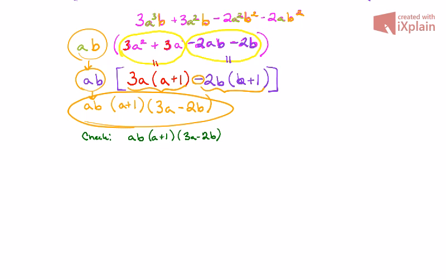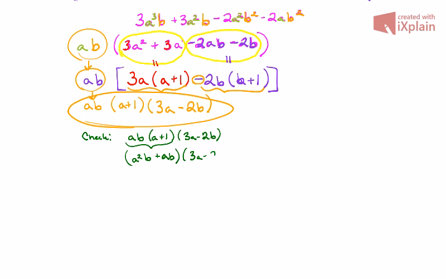So I'm going to go ahead and I'm going to choose to multiply these two together first just because I think it'll be a little bit lighter. So ab times a will give you a squared times b, and ab times 1 gives you plus ab.